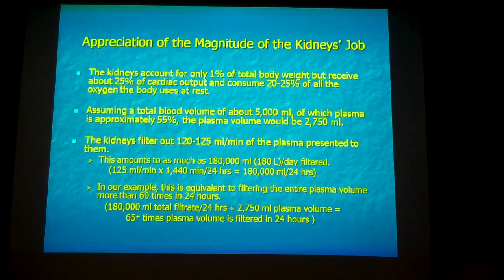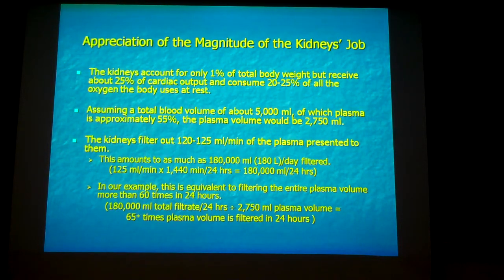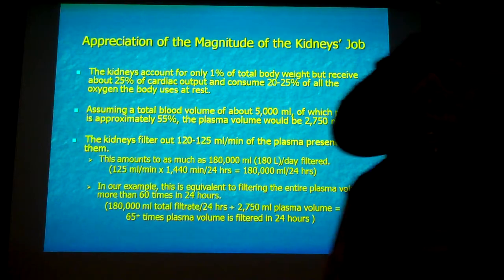For purposes of our example, let's assume a total blood volume in a person of 5,000 milliliters, maybe a normal adult male. And we'll say that the plasma volume of that total volume is about 55%. So in this case, our plasma volume would be about 2,750 milliliters.